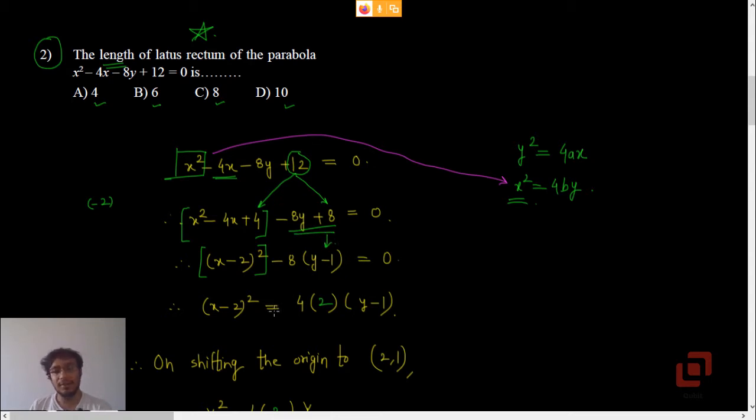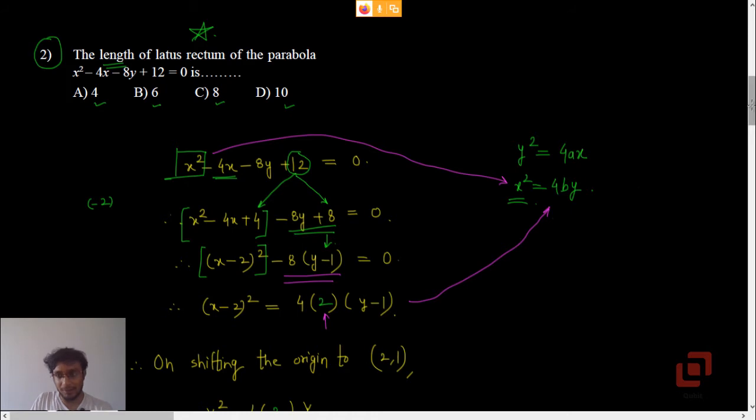In the next step, what you should do is you should send these two terms, minus 8y plus 8, to the other side. Then you will get the equation x minus 2 raised to 2 equal to 8 times y minus 1. I have deliberately written this 2 separately in the green color because I want to highlight the resemblance of this equation with x squared equal to 4by.